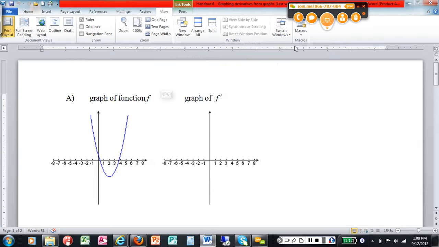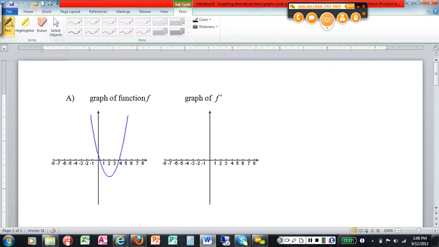So I want to take this whole graph, f there, and graph the complete, entire set of derivatives at each point. And I don't have to do every point to figure out the derivative of each point.